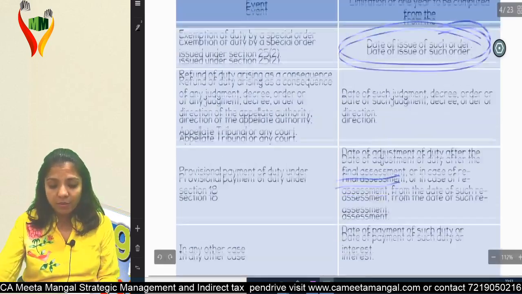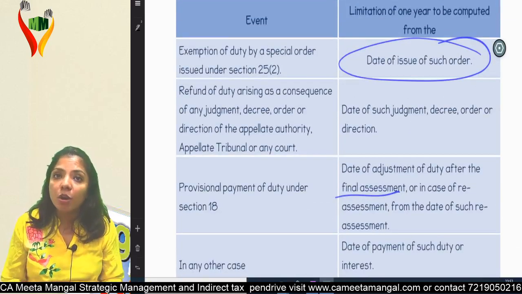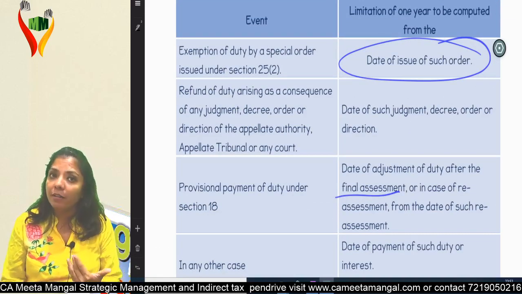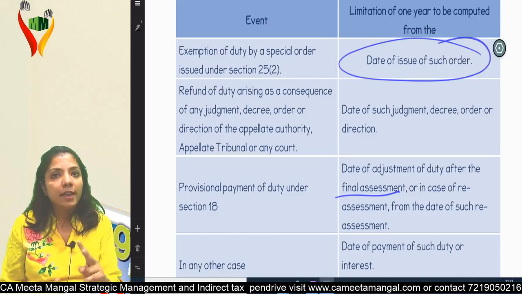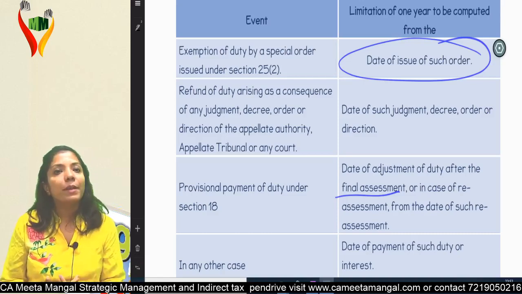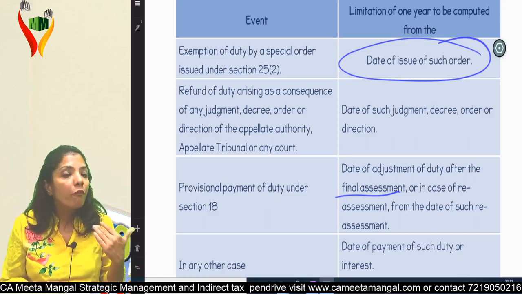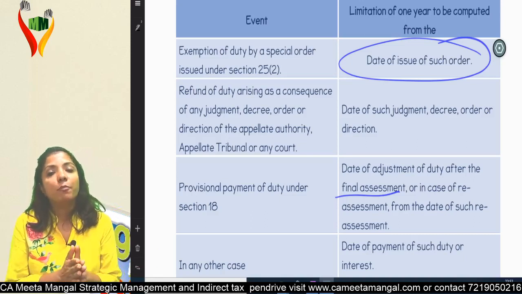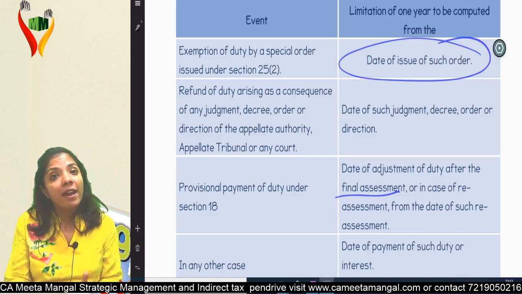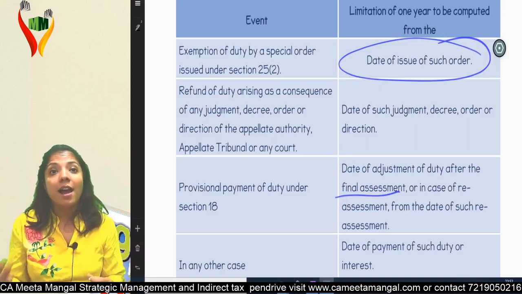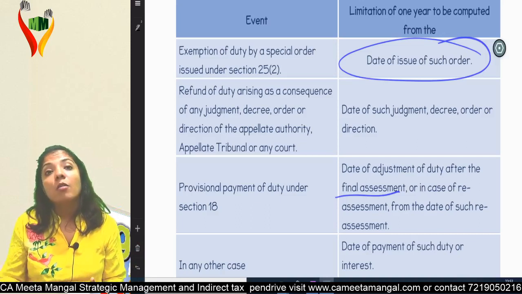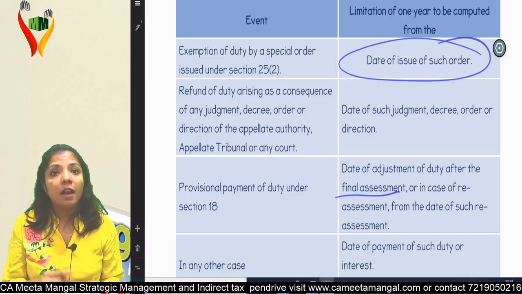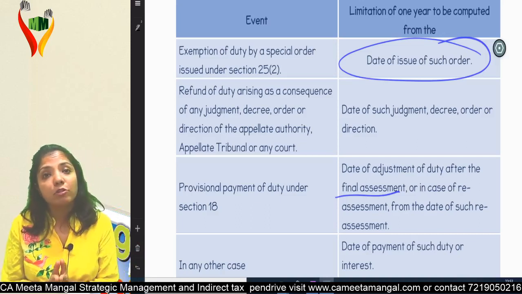The scenarios are: first, because of a special order, I'm eligible for refund, the date of order. Second, I had an appeal and the appeal came in my favor, the date of judgment. Third, provisional assessment, because of which I had to pay X amount, and then the final assessment was done and I was eligible for refund, 1 year from that final assessment. And fourth, any other case, the date of payment of duty.